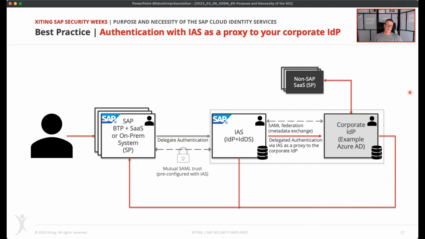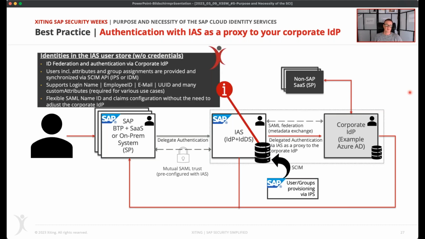But now, in addition, you also have the identity authentication service that has its identity directory. And this identity directory you will fill with users, using the IPS to provide user information to this directory. So now you have two IDPs, and you also have user information in the IAS. The idea is that you have the profiles there. They have no credentials. They don't need credentials.